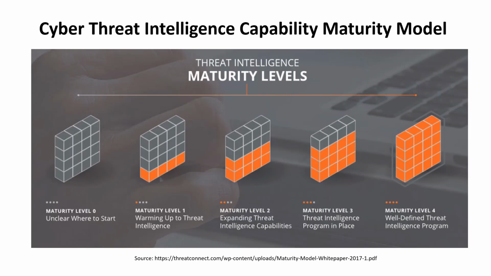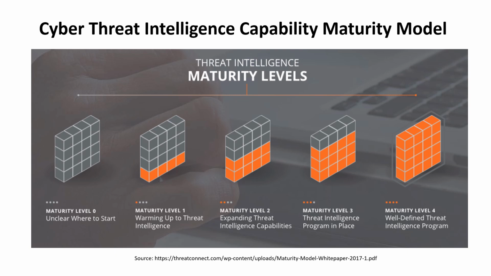The Cyber Threat Intelligence Capability Maturity Model is a hierarchy of processes that consist of 5 levels. Level 0, also called initial, is a purely ad hoc process and is unpredictable. Level 1, or repeatable, is a reactive, volatile, and manual process.